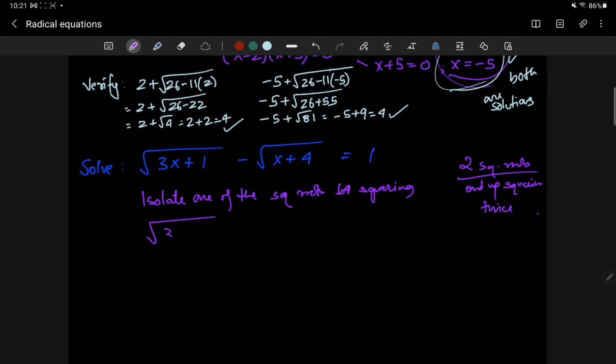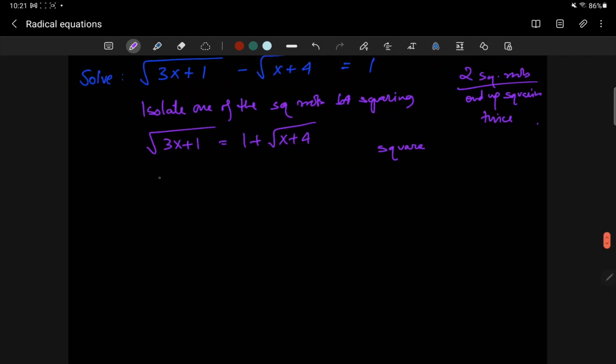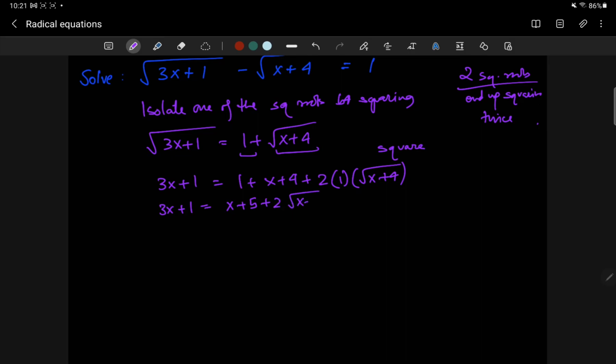So for example here, I'm going to make it 1 plus root of x plus 4, and then I'm going to square. Now squaring, the whole point was to get rid of this square root. This is going to be a squared plus b squared, so that gives me x plus 4, plus 2 times 1 times root of x plus 4. So I have 3x plus 1 equals x plus 5 plus 2 root of x plus 4.